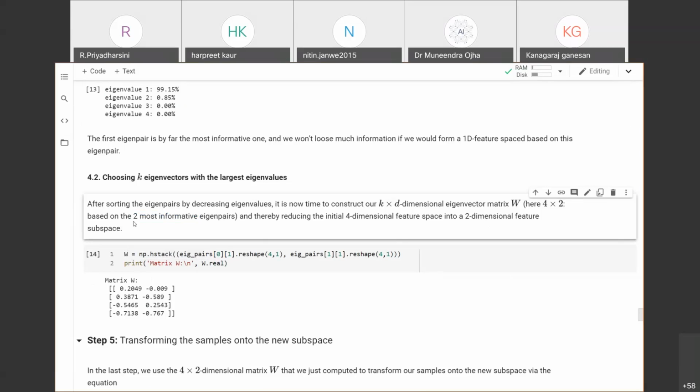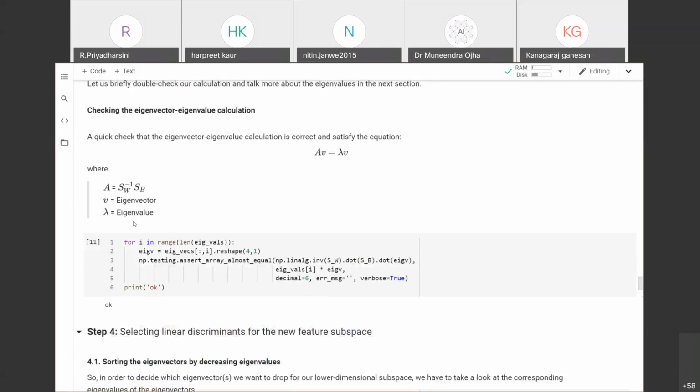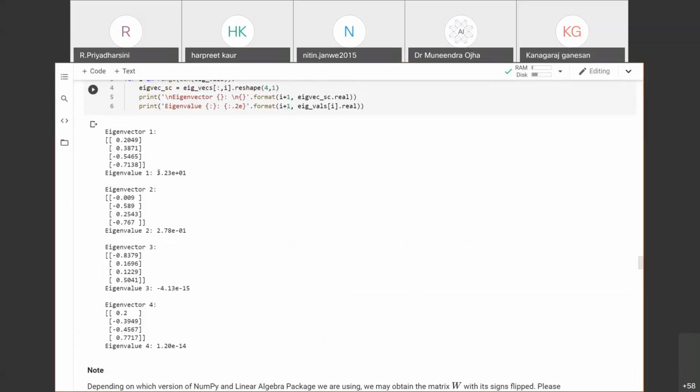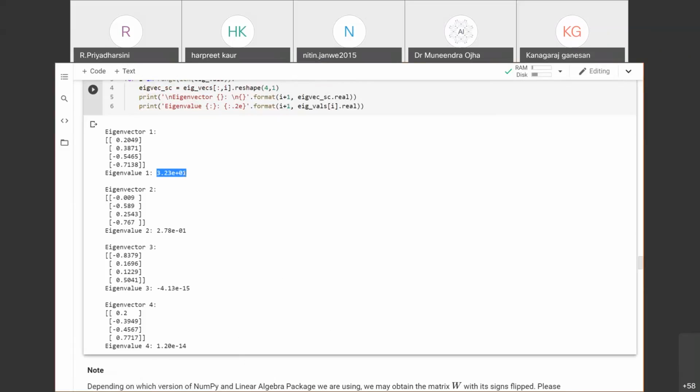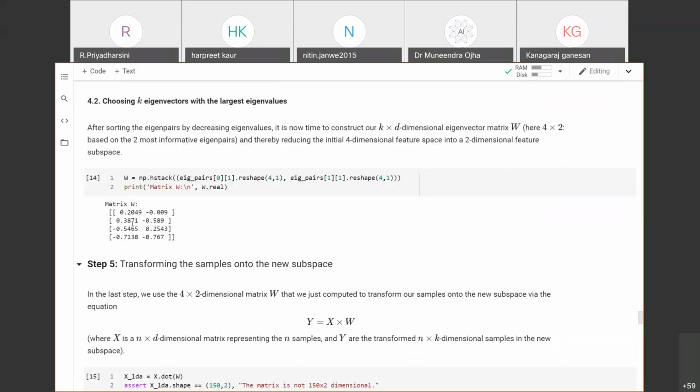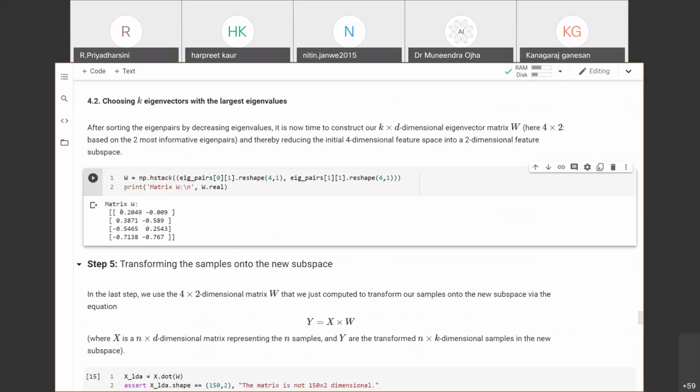It should be formed from the eigenvectors of the corresponding eigenvalues. This is the first eigenvector, corresponding to eigenvalue 32, and this is the second eigenvector. If we concatenate these two eigenvectors, we get our matrix W. The first eigenvector is the first column, the second eigenvector is the second column.